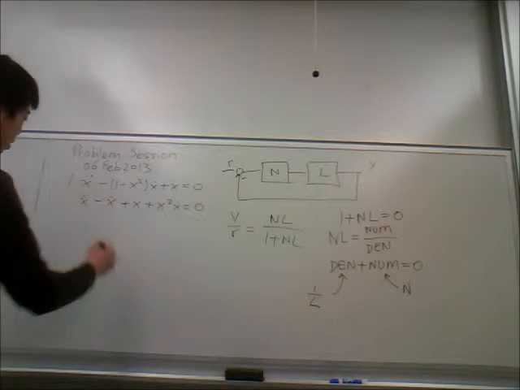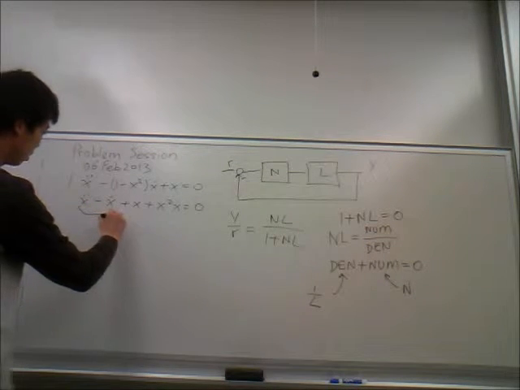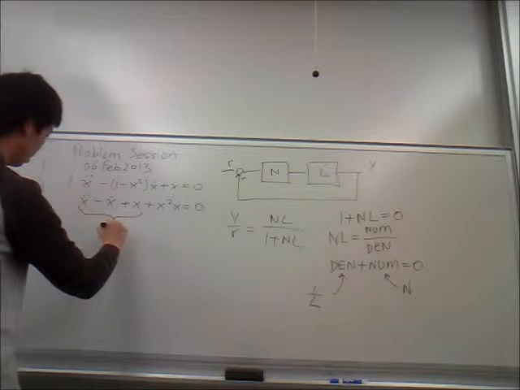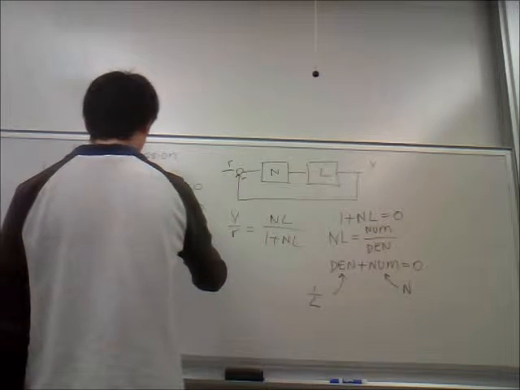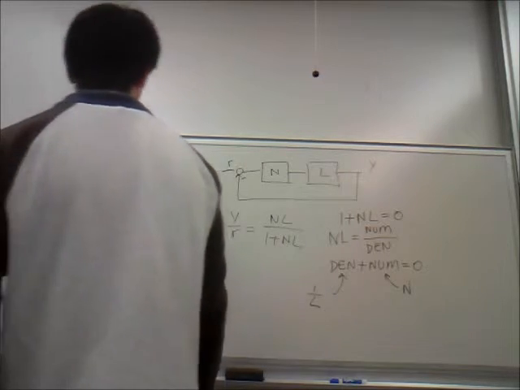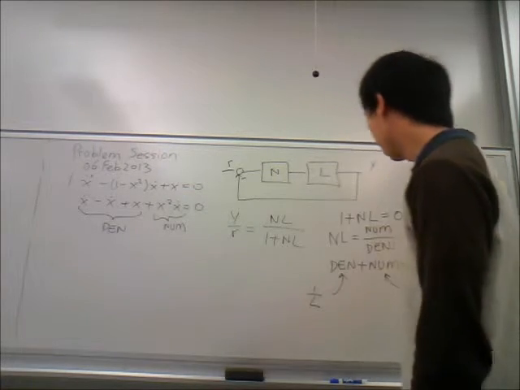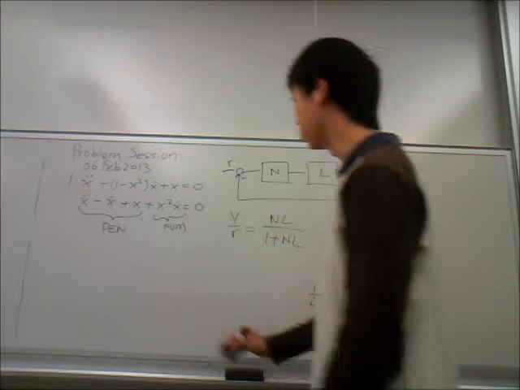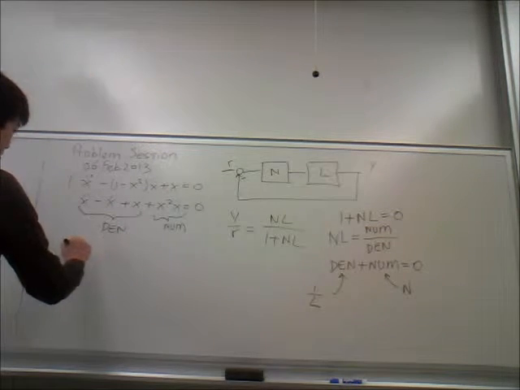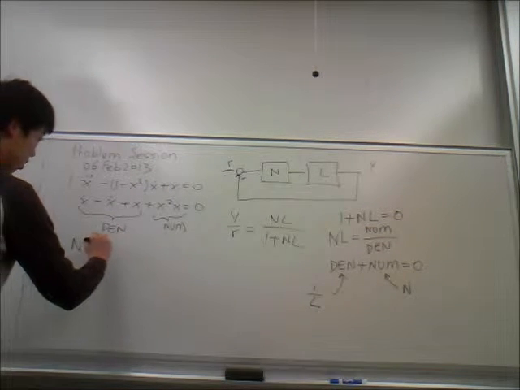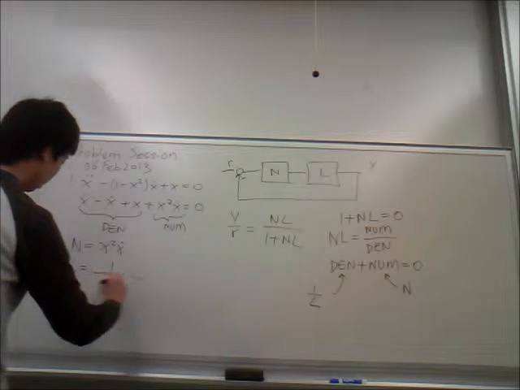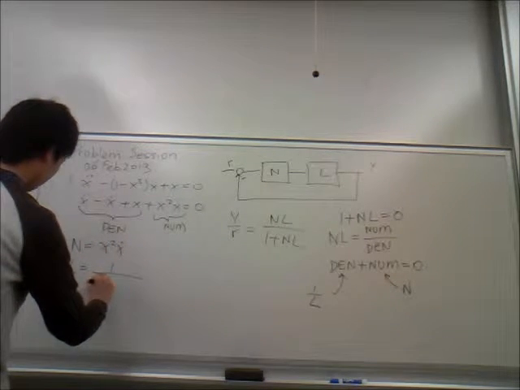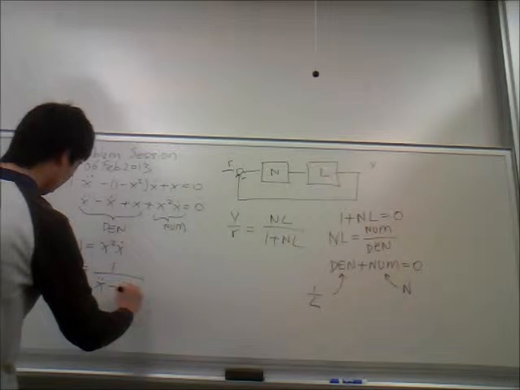Essentially this part is going to be the denominator, this part is going to be the numerator. And we end up with N is x squared x dot, and L is 1 over x double dot minus x dot plus x.